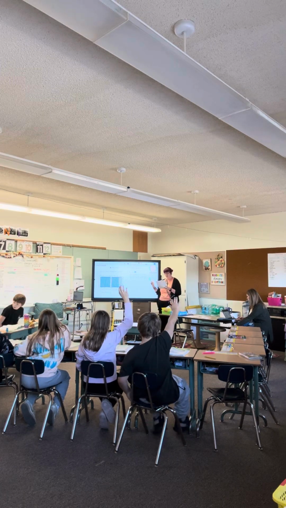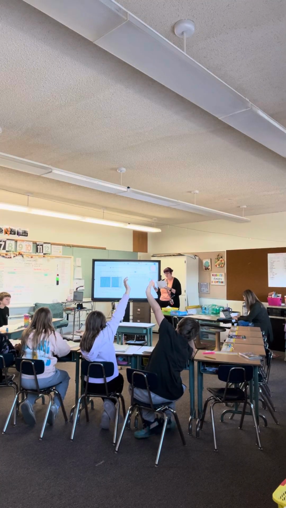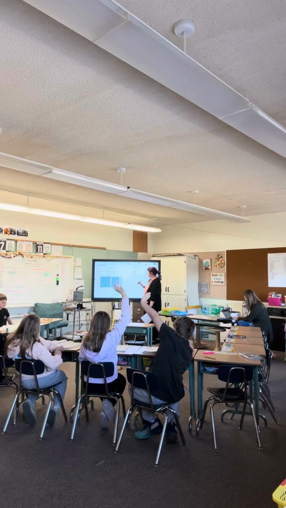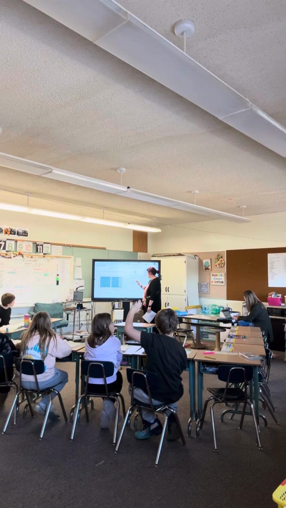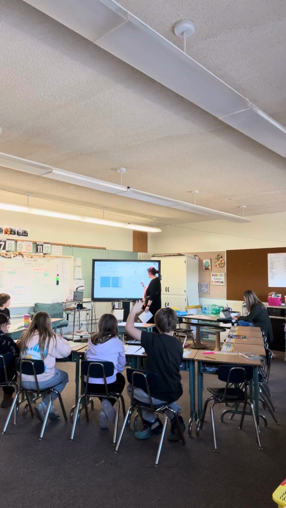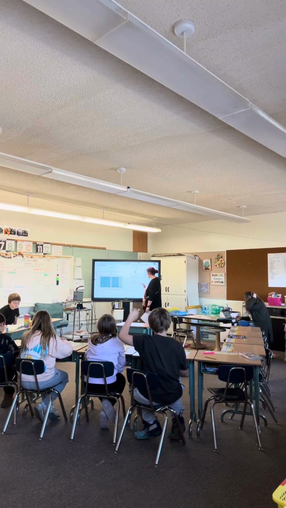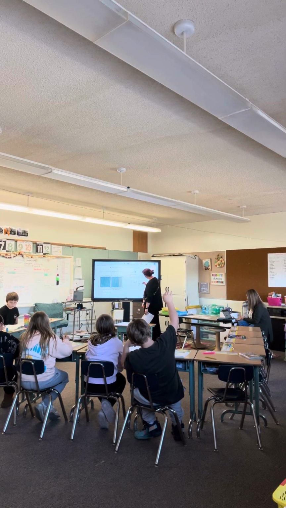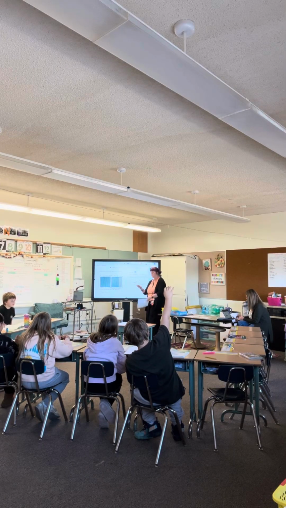Bailey? To represent 1.7. Okay, so branching off of that, the dot means and. So 1 and 7 tenths, yeah. It's an and, or like how I was saying it, it's a point, it's a break in it.